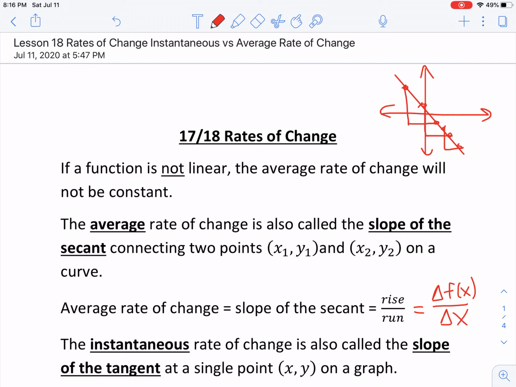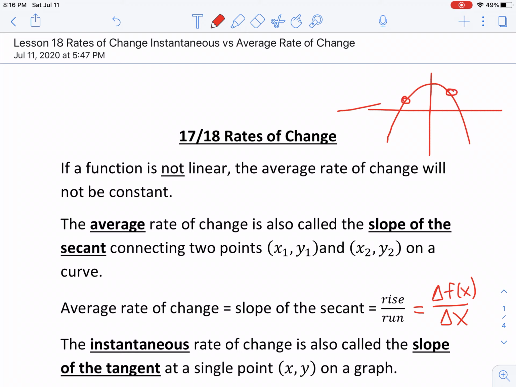If the average rate of change connecting 2 points x1, y1, and x2, y2 is on a curve, so we pick 2 points, and the line that we connect them with is called a secant line. And if I pick 2 different points, the slope of that line will be different because it's not linear.